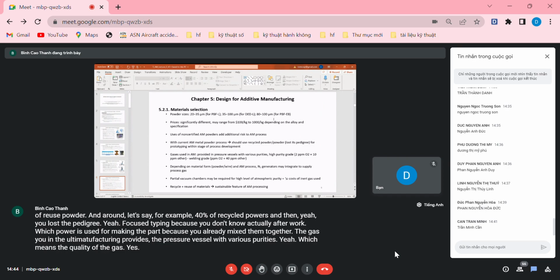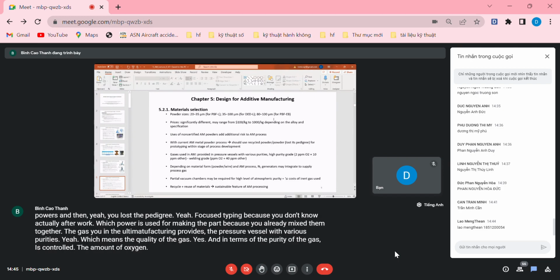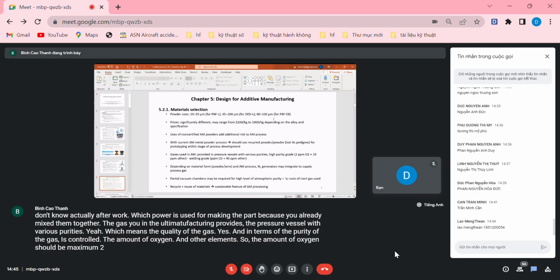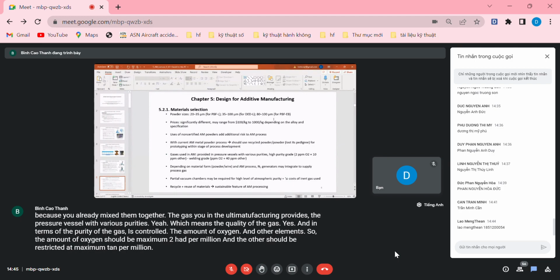In terms of the purity of the gas, it controls the amount of oxygen and other elements. So the amount of oxygen should be a maximum of 2 parts per million, and the others should be restricted to a maximum of 10 parts per million, for the high purity grade.